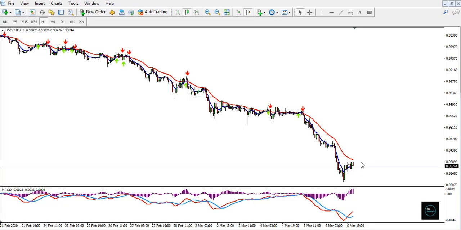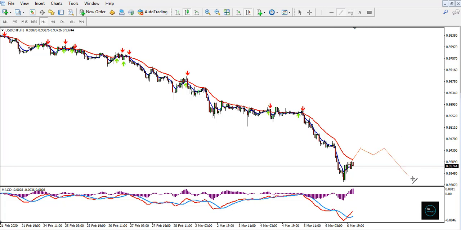So for those of you who are a little bit unfamiliar with how to get into trades like this, you are looking for something that looks like this. It doesn't have to be like this exactly, but you are looking for something like this basically to get you into this trade.